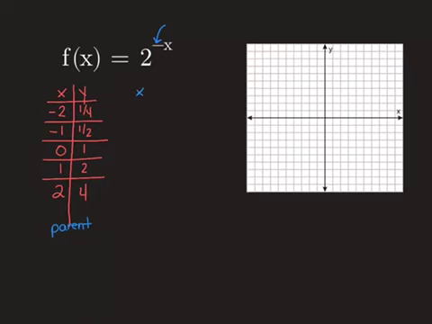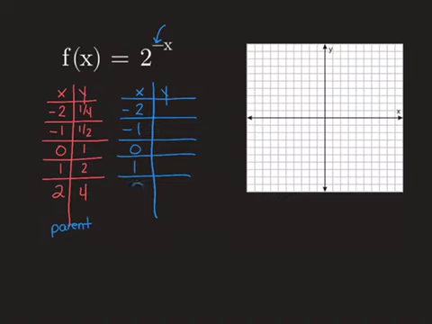So we're going to make a new table here just to show you what happens. I'm going to use those same x values of negative 2, negative 1, 0, 1, and 2. And so what we can think about, we've talked about this before, is that negative in front of the x meaning the opposite.